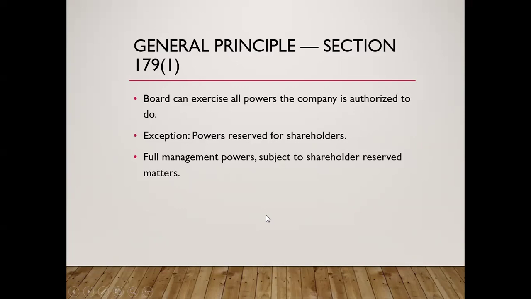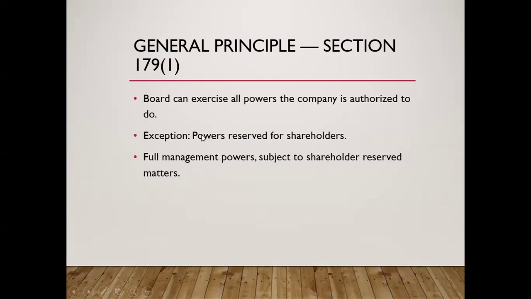The general principles under section 179 subsection 1. Section 179 subsection 1 lays down the foundation. It provides that the board of directors can exercise all such powers and perform all such acts as the company itself is authorized to do. But there is one important condition.